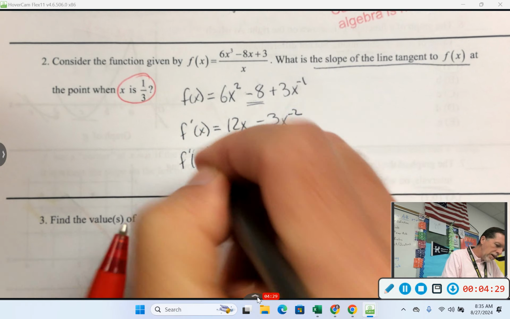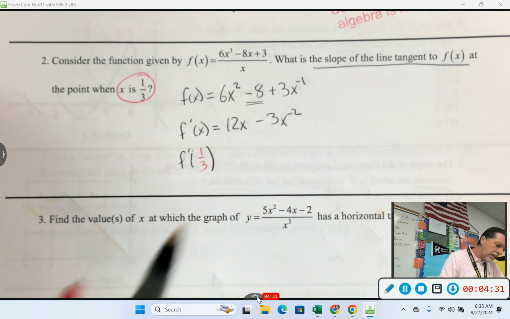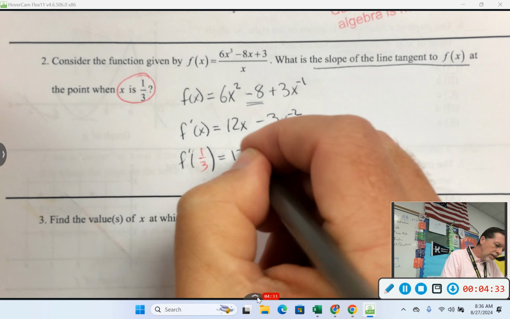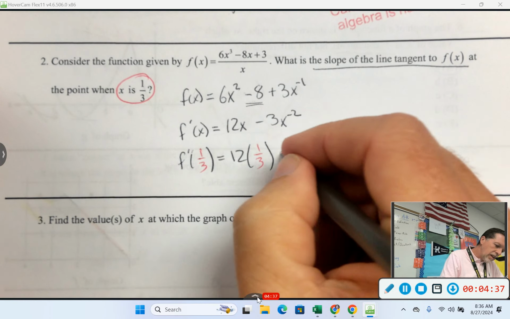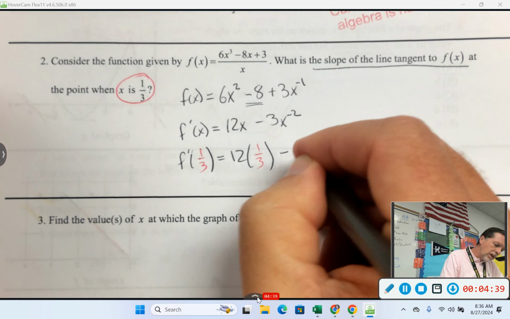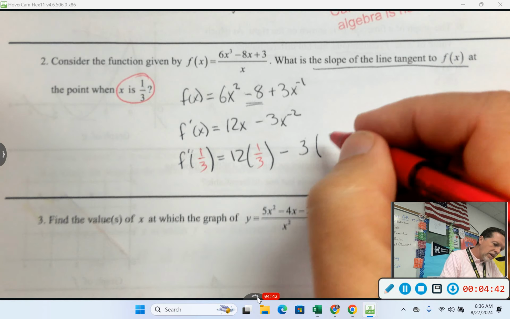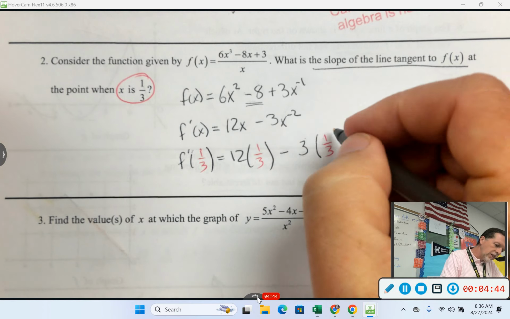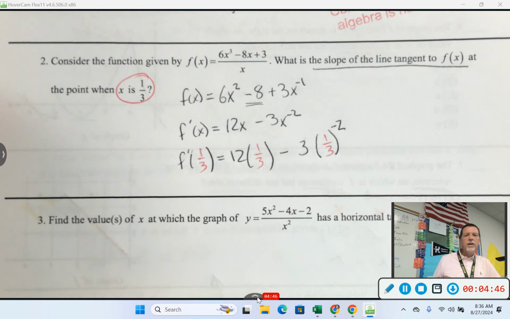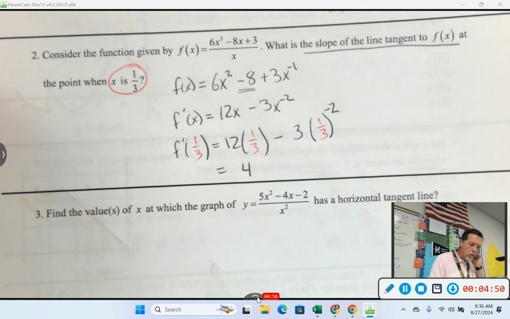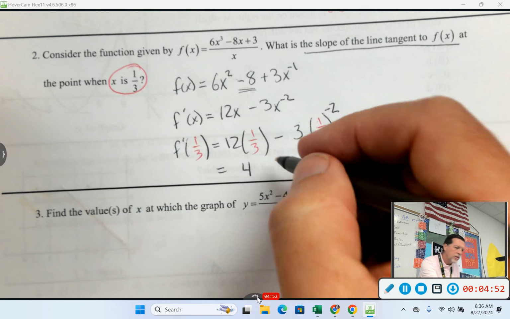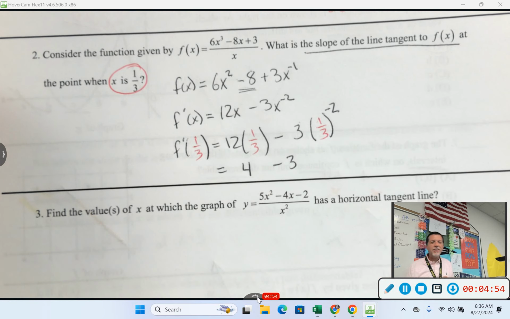So f prime of 1/3. So 12 times 1/3 minus 3. Oh, this is going to be weird looking maybe. 1/3 to the negative 2. So 12 times 1/3 is 4. I got that. What's 1/3 to the negative 2? 9, right?